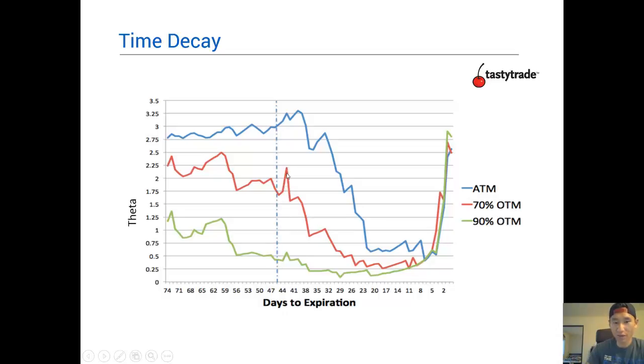So the rate of decline in the option, just due to time, is highest around that time. Also, if you look towards closer to the days till expiration, you'll see that theta is also very high. So just more studies and research done by others out there in the market.